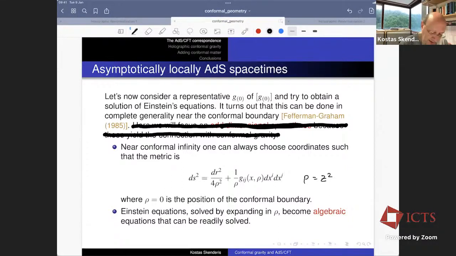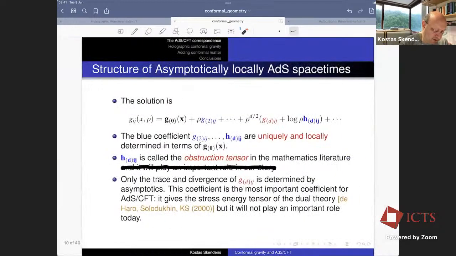With the cosmological constant, Einstein equations amount to algebraic equations near the boundary, and this can always be solved in complete generality. So we're not just looking at some specific solutions. This is the general solution of the asymptotic structure of the spacetime. And then the solution takes the form I indicate over here.